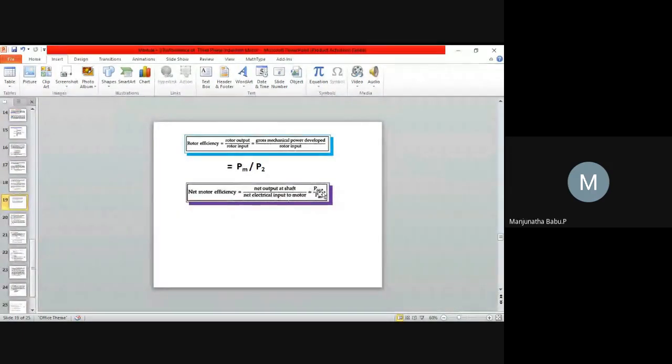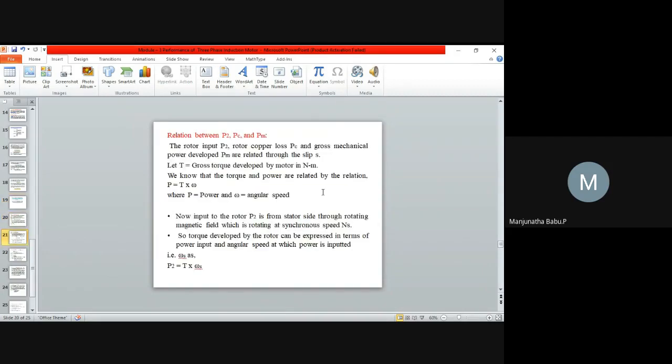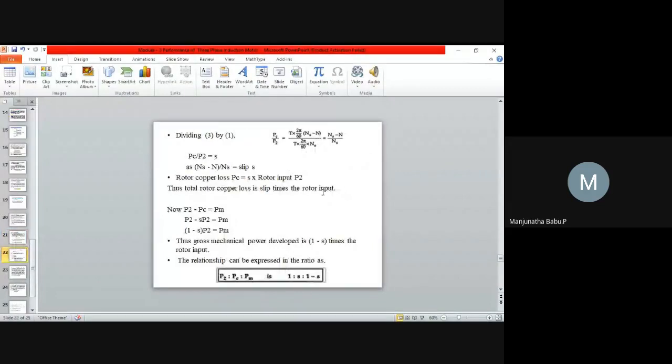To find it, we have to find the shaft torque, or we can go for the ratio PC by PM equal to S divided by 1 minus S. Using this relation, we can find PC, P2 and PM.